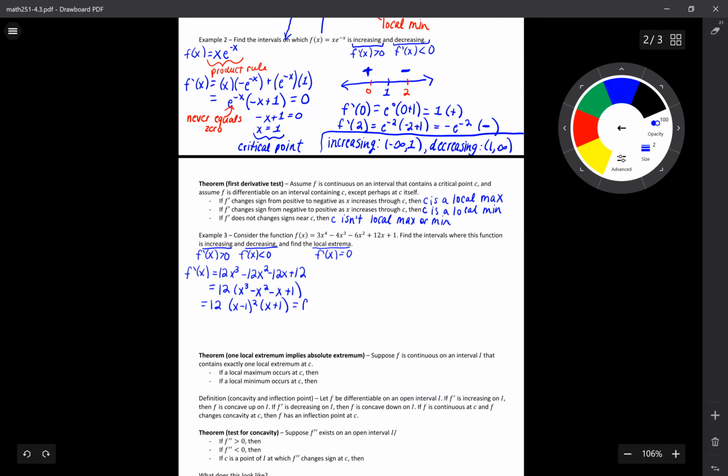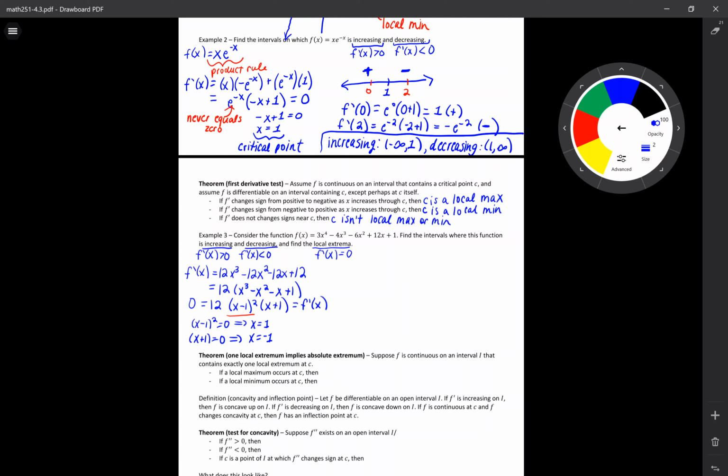So first, like I did in the previous example, I'm going to set this equal to 0 to find the critical points. So I have 0 equals all of this. Well, obviously 0 never equals 12. So if I set my x minus 1 squared term equal to 0, x minus 1 squared equals 0 gives me x equals 1. And if I have x plus 1 equals 0, I get x equals negative 1.